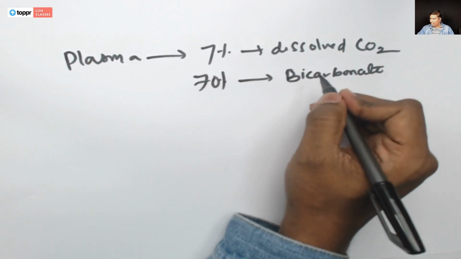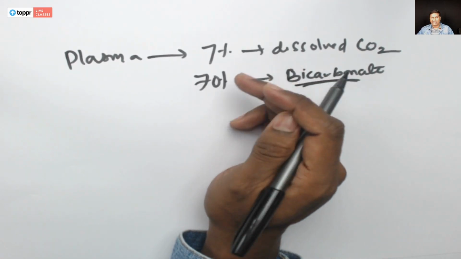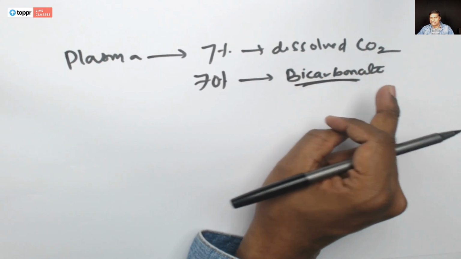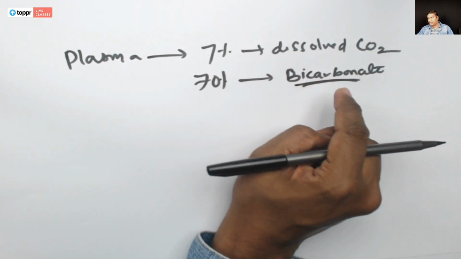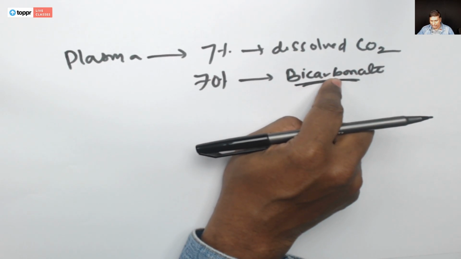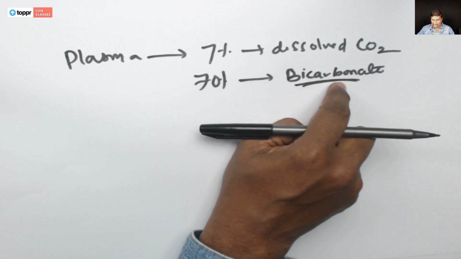Where is this coming from? The 93% carbon dioxide which entered the RBC got converted into carbonic acid and then finally released again from the RBC into the plasma as bicarbonate ions. So this is coming out from the RBC.